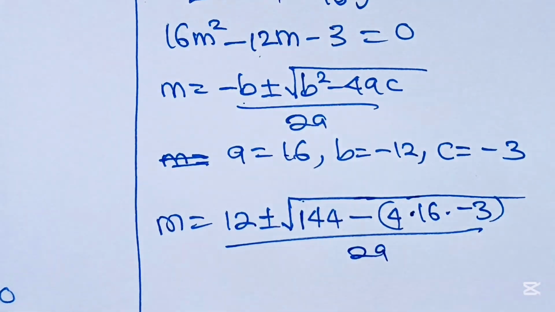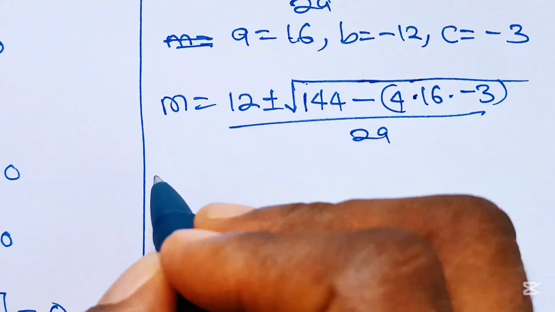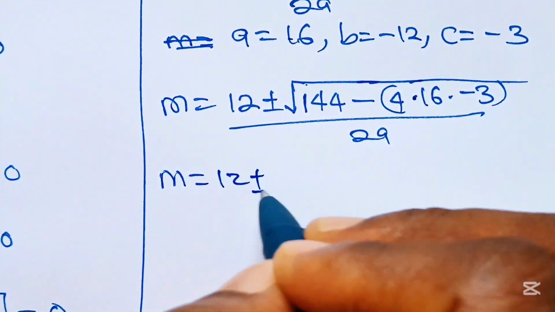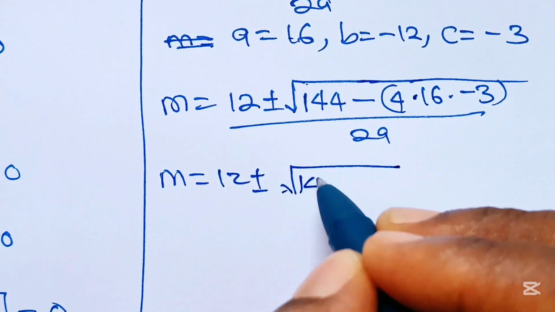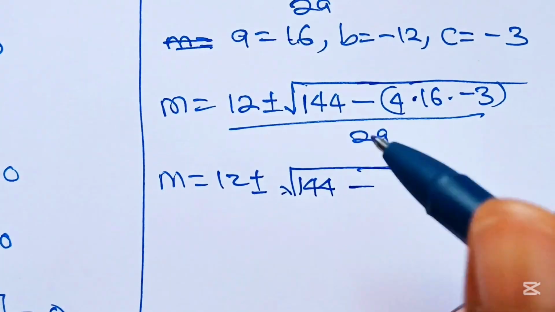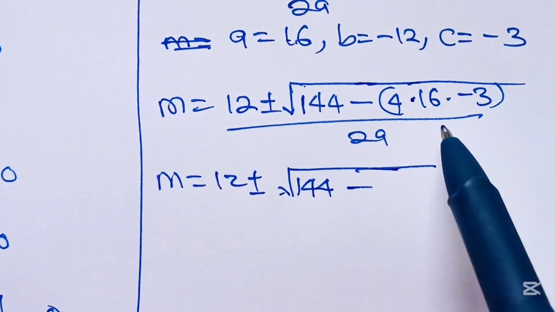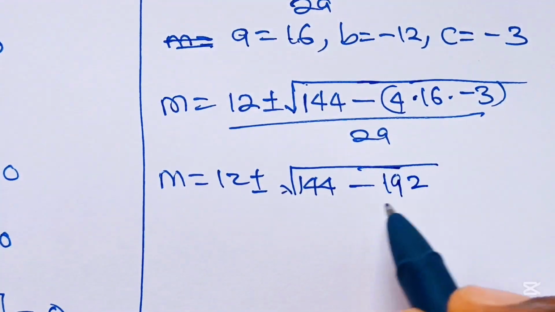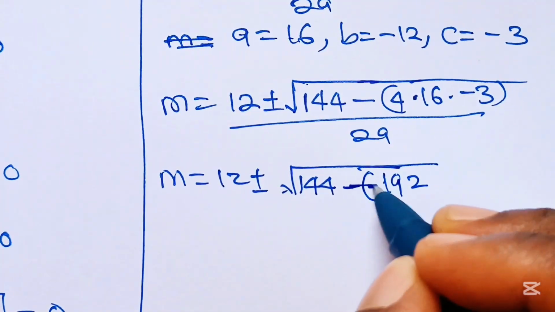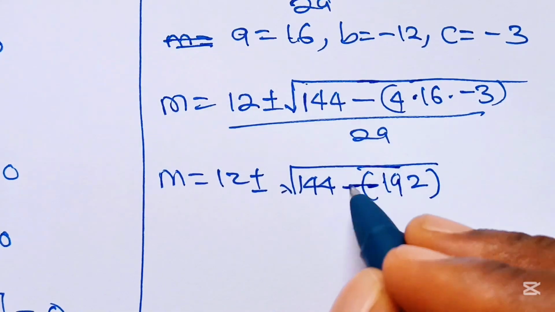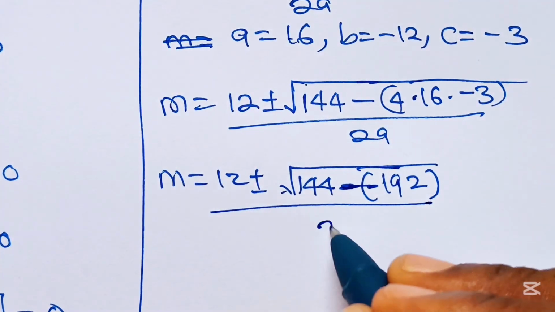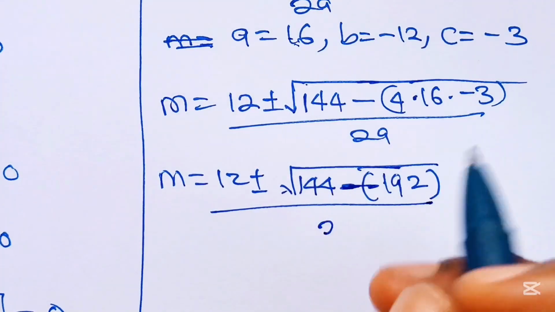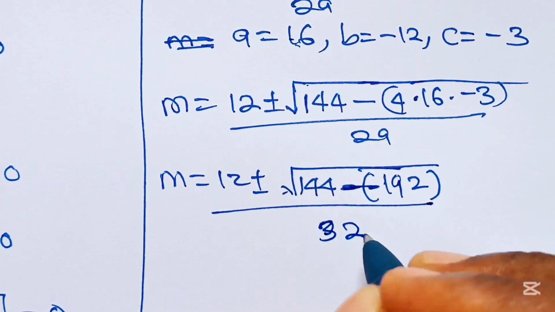Everything divided by 2a. So now we have m is equal to 12 plus or minus square root of 144 minus, now 4 multiplied by 16 multiplied by minus 3 will give us minus 192, minus 192 because of this minus. Okay, everything divided by 2 times 16, which is 32.